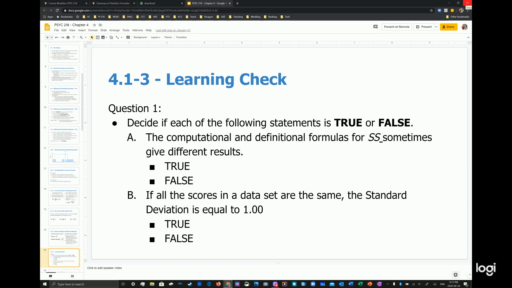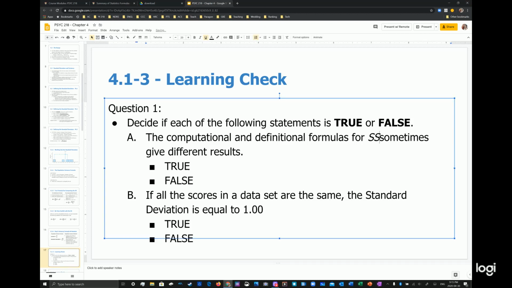So our first learning check then of the chapter. A two-part true or false. It's a dichotomous variable. You can't have both of them. Anyway, A: the computational and definitional formulas for sum of squares sometimes give different results.